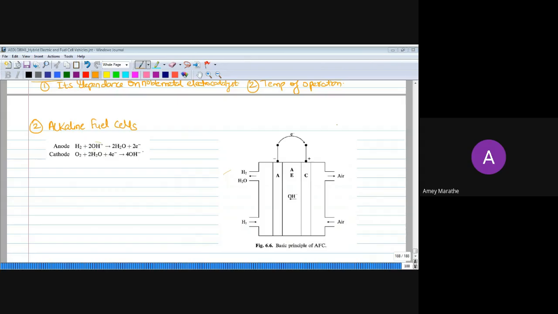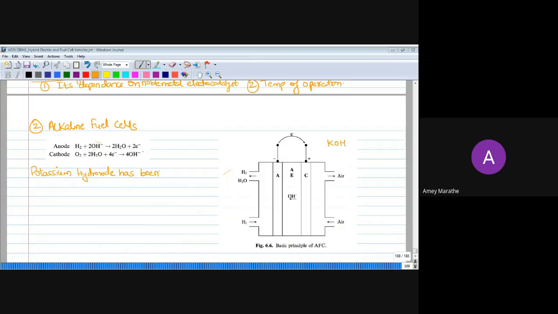Let me write down. So these are alkaline fuel cells. Alkaline fuel cell uses potassium hydroxide. What is the electrolyte here? The electrolyte which is used is KOH.